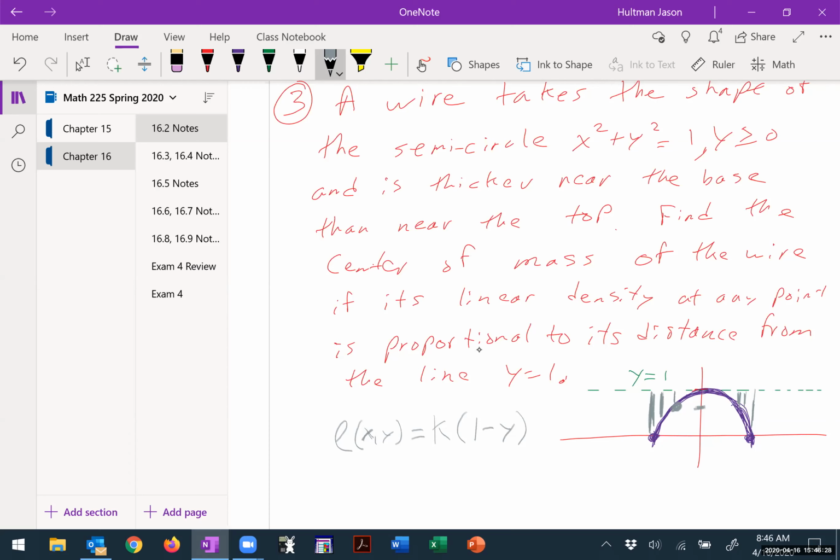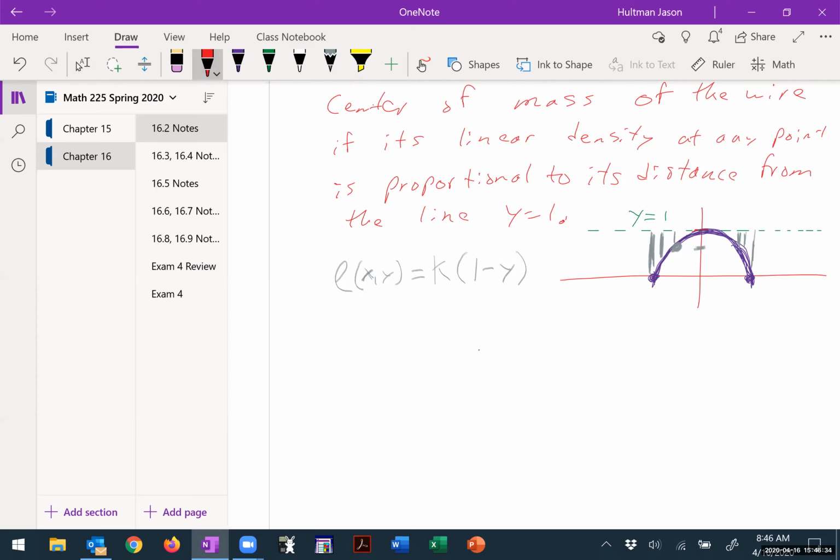So what we're going to do here is a line integral. A line integral on what? Well, a line integral on rho of x, y, times the square root of (dx/dt) squared plus (dy/dt) squared, dt.